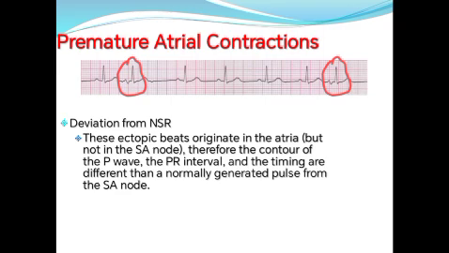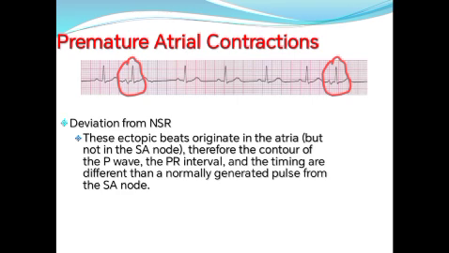Okay, premature atrial contraction and premature ventricular contraction. Premature atrial contraction is a deviation from the normal sinus rhythm. These are ectopic beats, originating in the atria, but not in the sinoatrial node. So they are not from the normal conductive system.